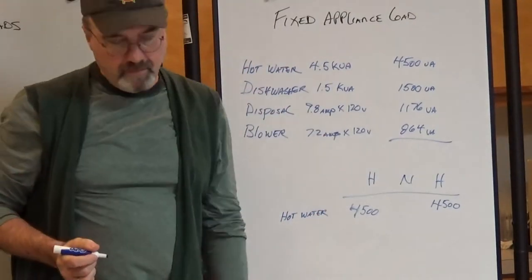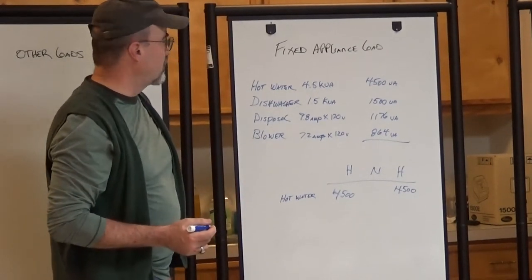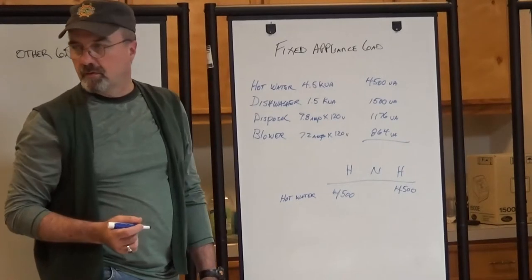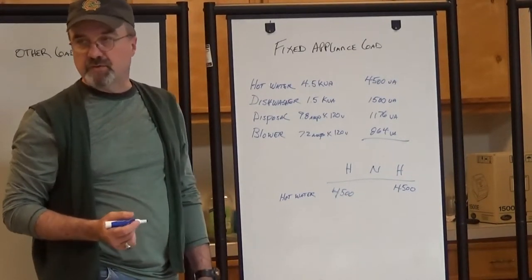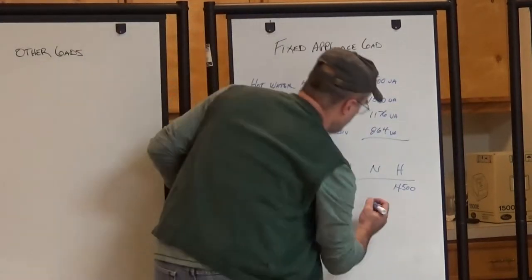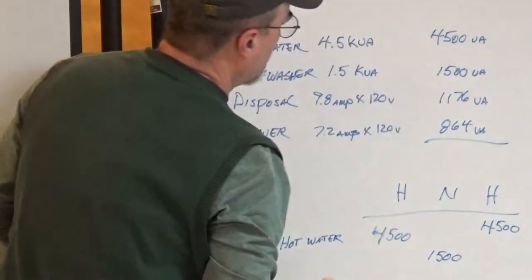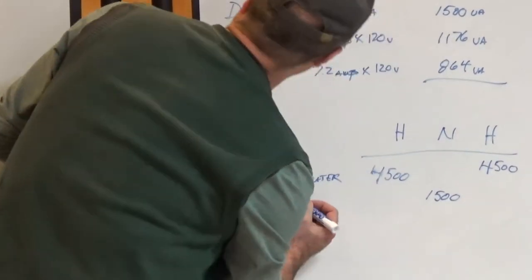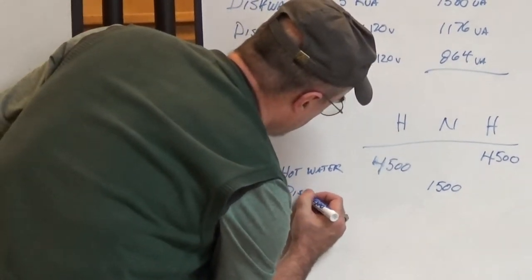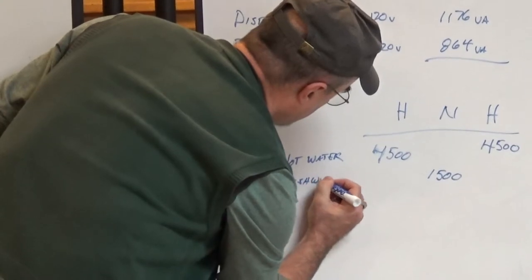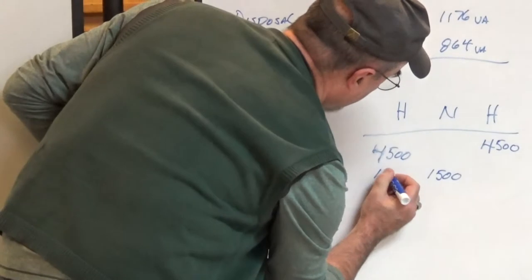All right. Then the dishwasher is at what voltage level? 120. 120. So we have a neutral now, right? Yep. So we're going to put 1,500 on the neutral, and 1,500 on the hots.